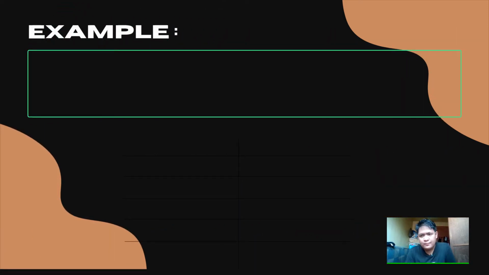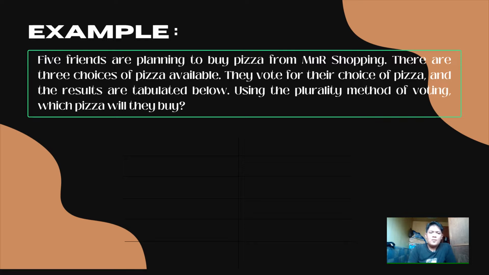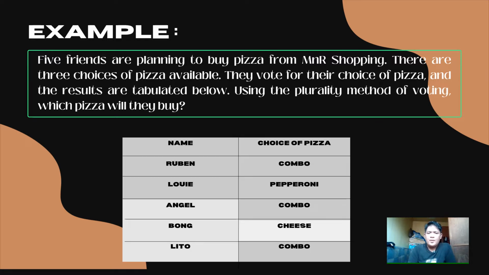For example, five friends are planning to buy pizza from a shop. There are three choices of pizza available. They vote for their choice of pizza and the results are tabulated below. Using the plurality method of voting, which pizza will they buy?